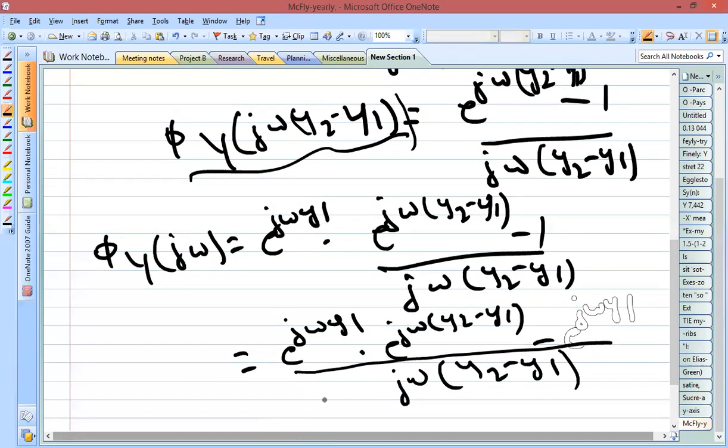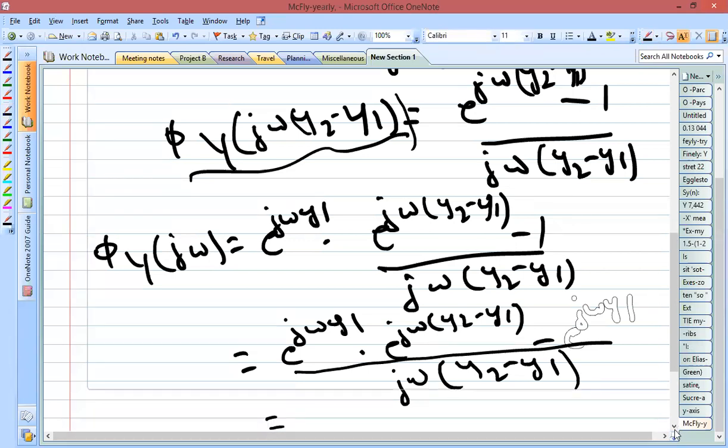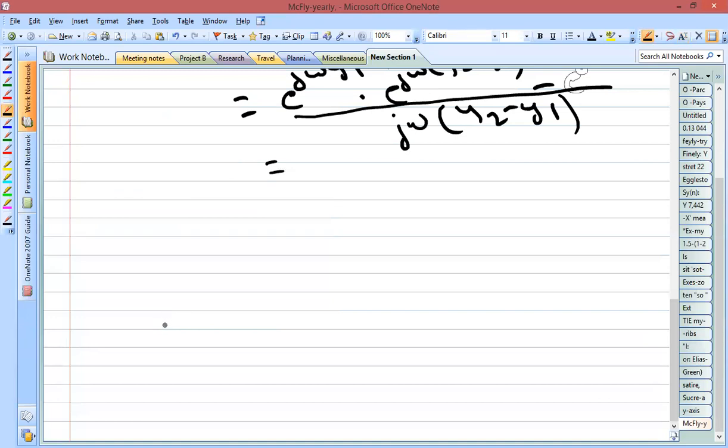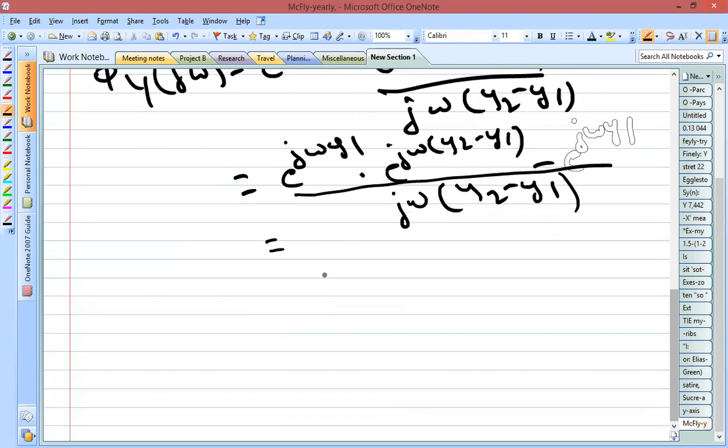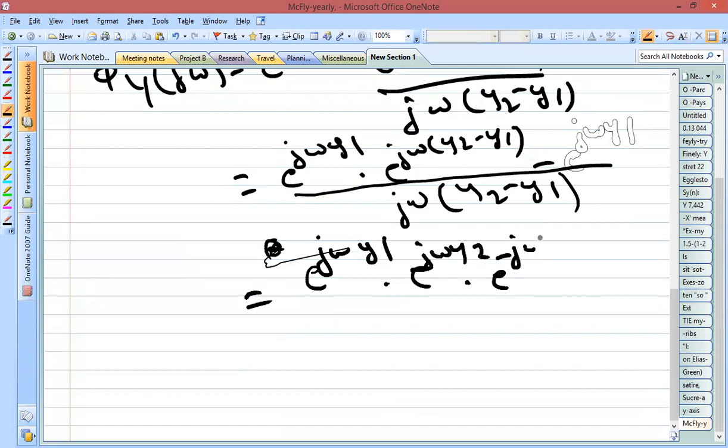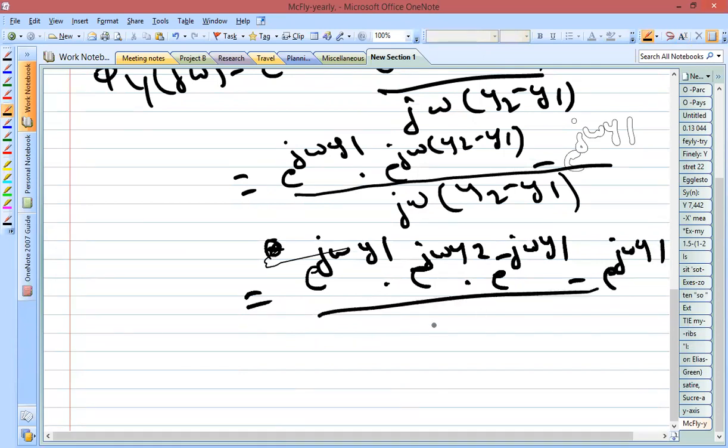In the next step, we get e to the power j omega y1 into e to the power j omega y2 into e to the power minus j omega y1, minus e to the power j omega y1, all divided by j omega (y2 minus y1).